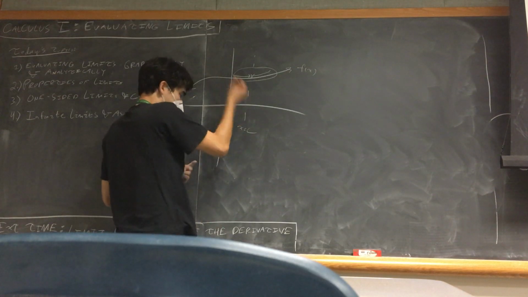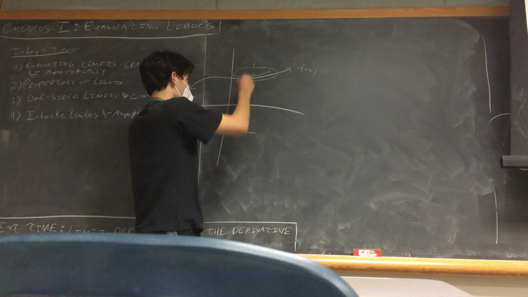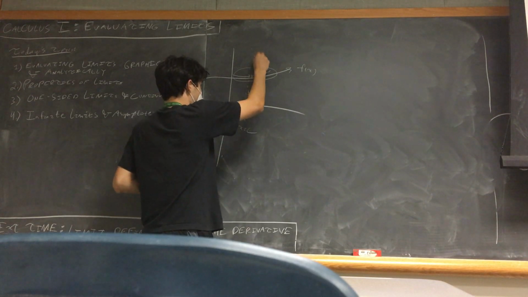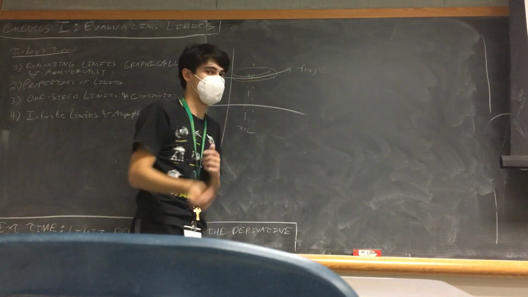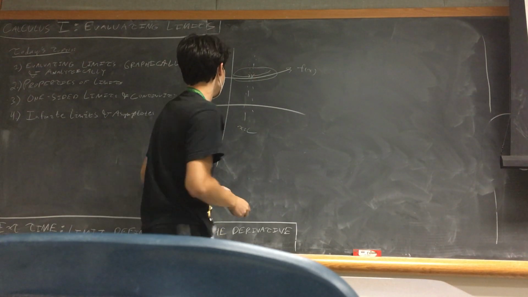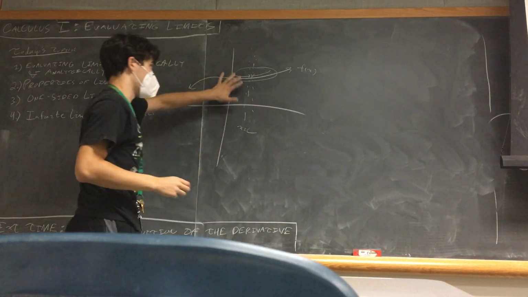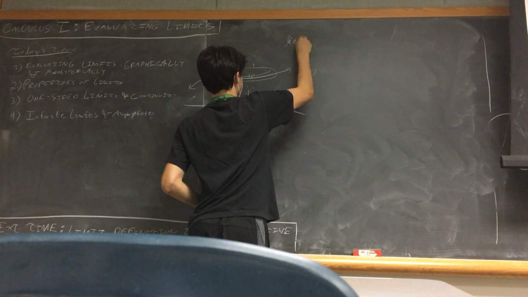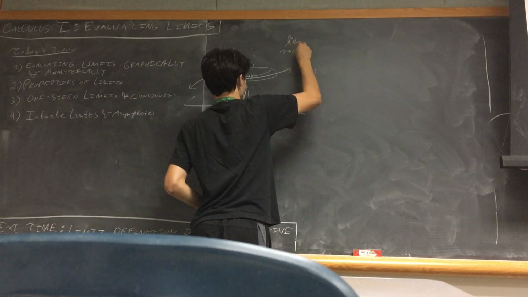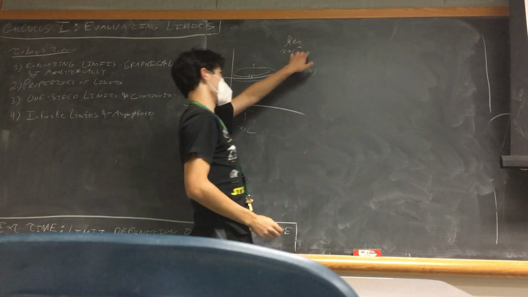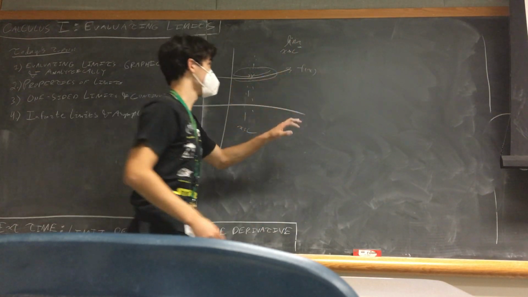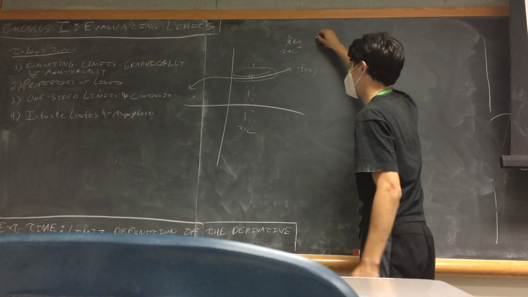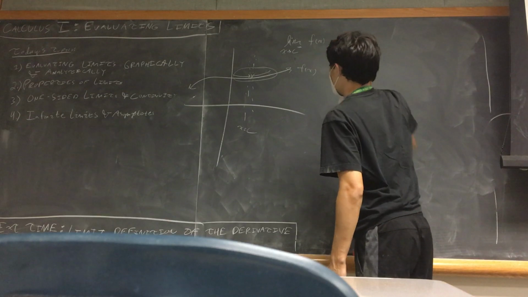But we can analyze what the graph does from the left and what the graph does from the right separately. So if we want to analyze just what the graph approaches from the left, we say the limit as x approaches c with a little negative sign there, which just means as x approaches c from the left, of f of x.